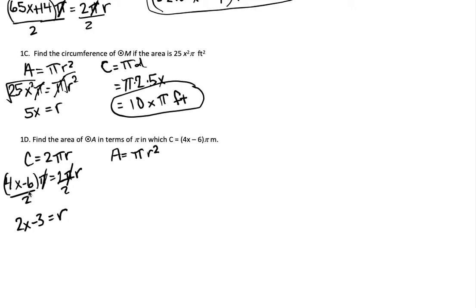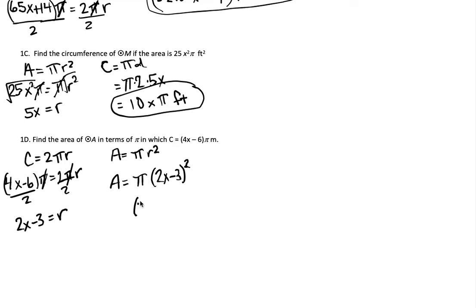Well, I need to know my radius, so I'm going to plug it in here. So I have area equals pi times 2x minus 3 squared. And I have no idea if they want you to actually write this out, but if you do, you need to FOIL it, remember?